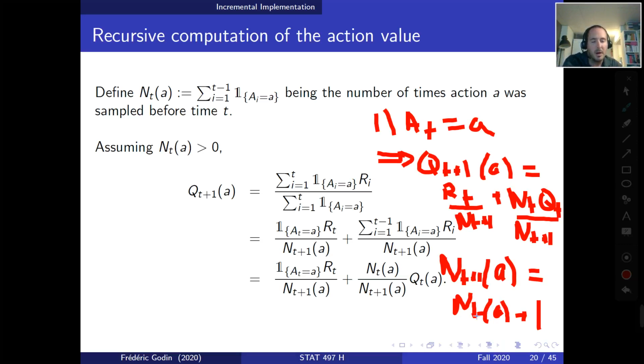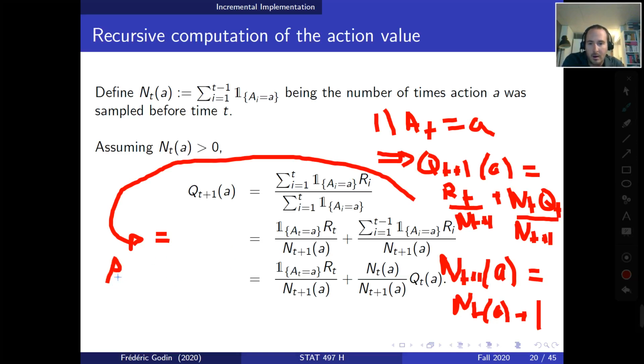Okay, so we could plug this relationship in here, and if we do that, then we obtain that this guy becomes equal to R_t plus N_t(a) times Q_t, divided this whole thing by N_{t+1}.